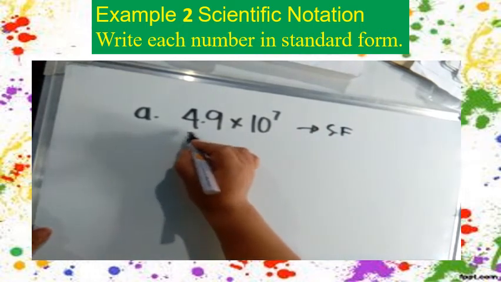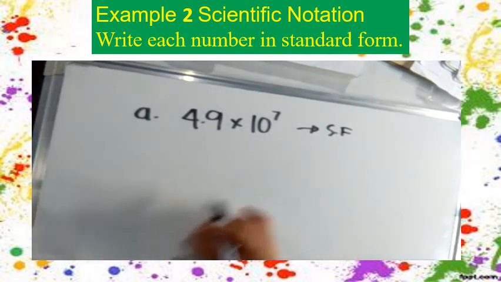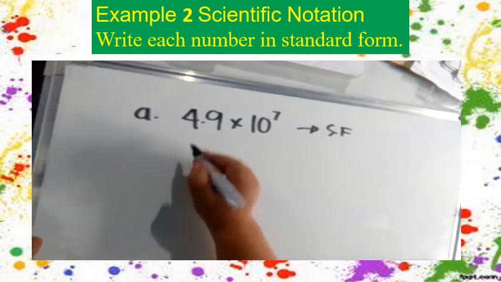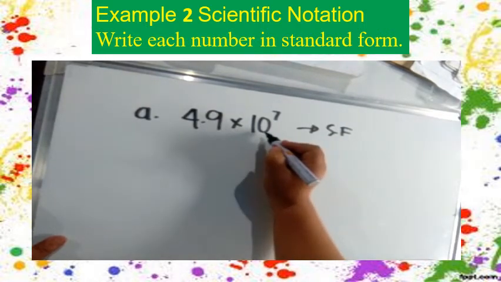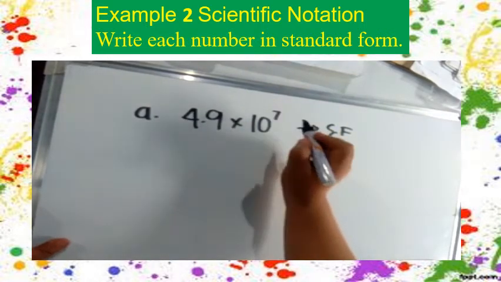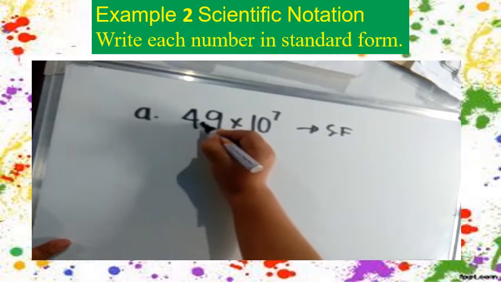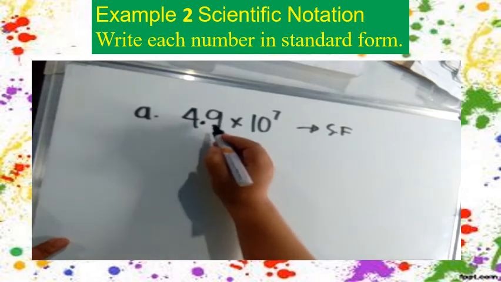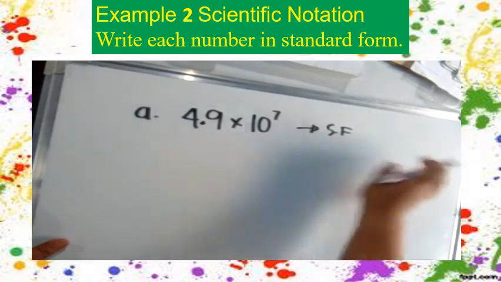This is in scientific notation. So what are the steps to follow? Multiplying 4.9 times 10 to the power of 7 means that the decimal point, class, will move 7 places to the right.